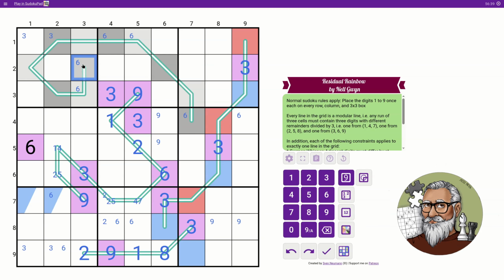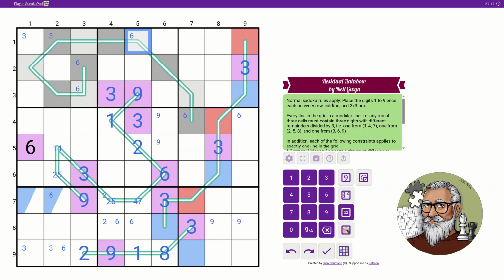Right? 6 here, 1, 2, 3 would mean that this is 9. 1, 2, 3 would mean that this is 6. So far, so good. 1, 2, 3 would mean that this is. Yeah. That wouldn't work. We don't have to do all of that. Just having 6 here would mean that this is from 3 or 9, and that's not possible anymore, since we've put 3 here. Well, it wasn't possible ever, so I just missed it.